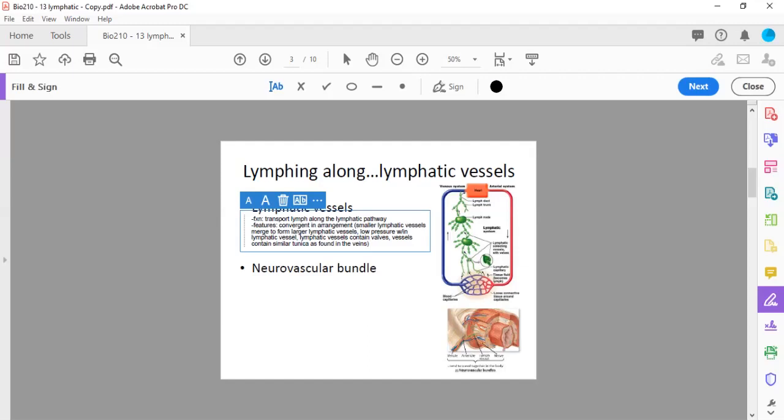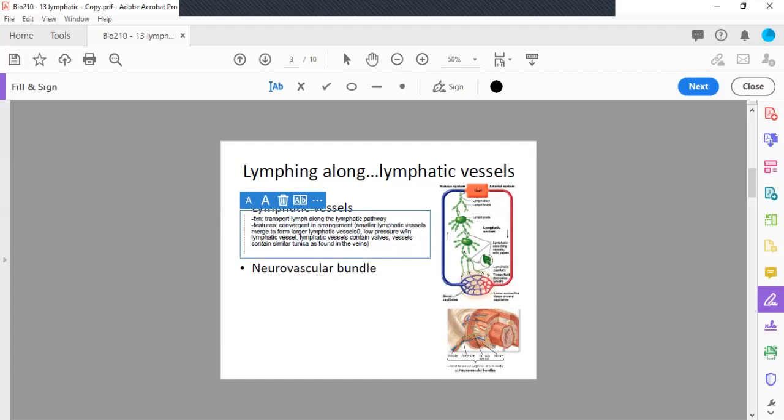Now, let's talk about the neurovascular bundle. So we're done with the lymphatic vessels. And if you want, I can show you the pathway in which the lymph follows in the lymphatic vessels. It begins with the lymphatic capillary.